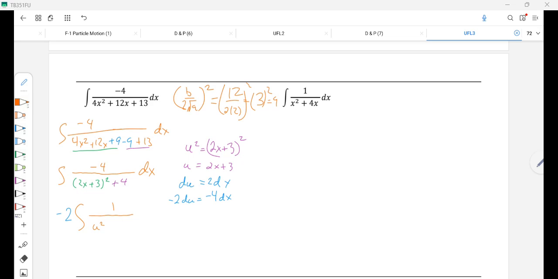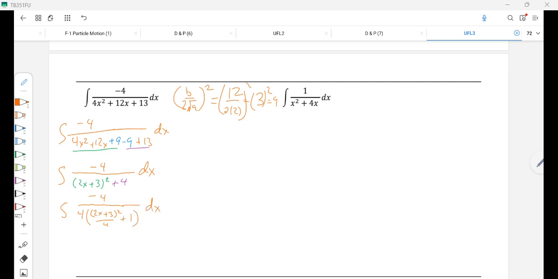I should have done something before I did this. Yep, I should have taken out the 4. It probably actually makes life easier. Let's take out the 4 and erase all this. So we will factor that 4 out to give us the integral of negative 4 over 4, the quantity 2x plus 3 squared over 4 plus 1 dx.